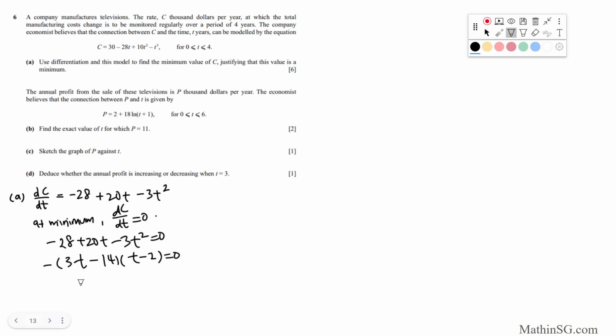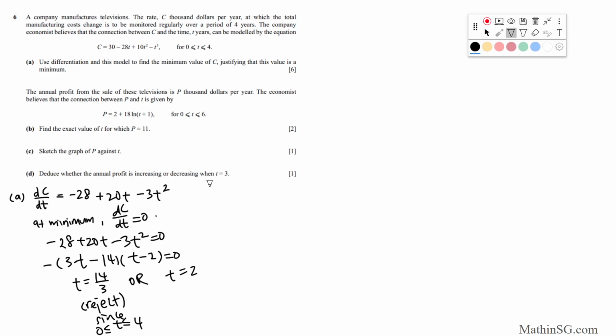So I'll find that t equals to 14 over 3 or t equals to 2, right? Wait, this one is rejected, because this is more than 4. Since t is in between 0 and 4, this one is already 4 and 2/3, so it's out.